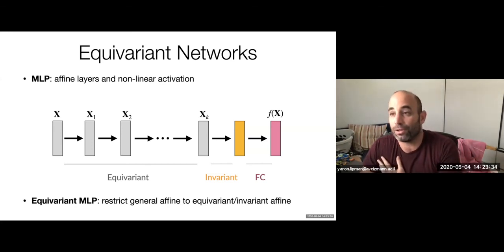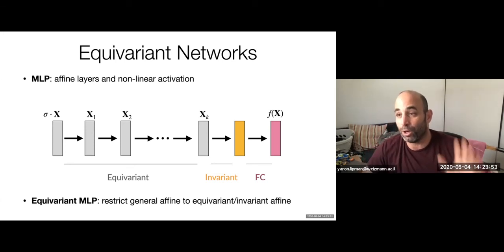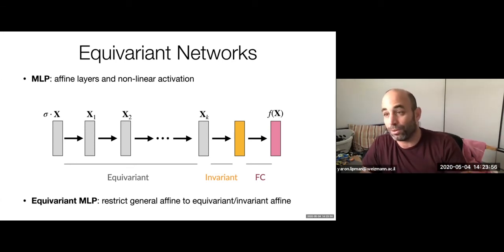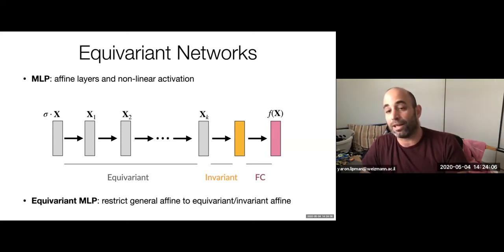So mark all the hidden variables by X with a subscript i, and the input is X. And now imagine that you put into this network, instead of X, sigma of X. So the first thing that you apply is an affine transformation, but this affine transformation is equivariant. Again, I didn't prove that there exist any of those, but assuming that there are, and we only use those, then sigma would commute with those. Then we have a nonlinearity, right? Also the nonlinearity, we said if it's entry-wise, then it's also equivariant. So sigma is going to commute also with this. And then by induction, we can basically see that sigma is going to commute with all the interior variables until the end.